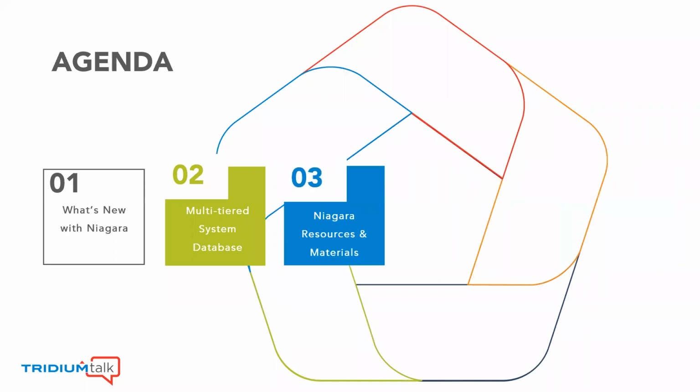And then we'll wrap it up with a nice reminder of where you can find additional resources and materials to learn about the framework or this topic in general. And then we're going to end it with the Q&A.